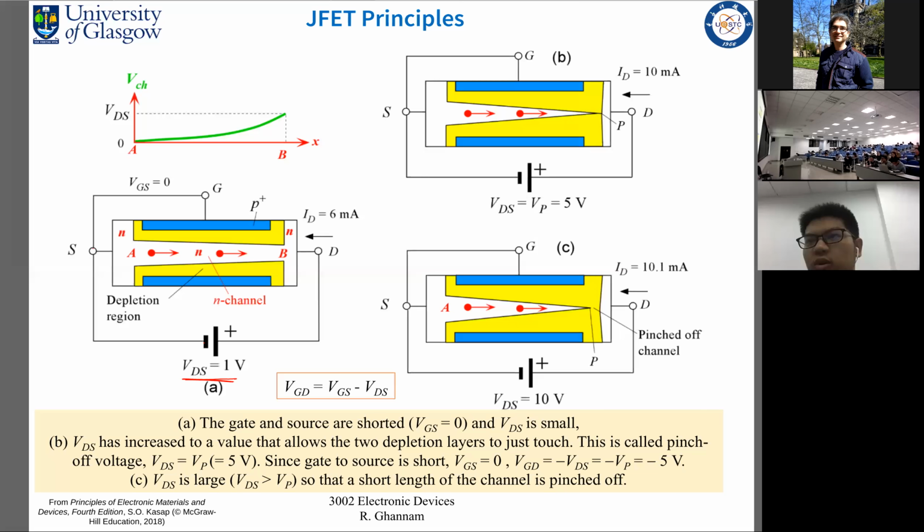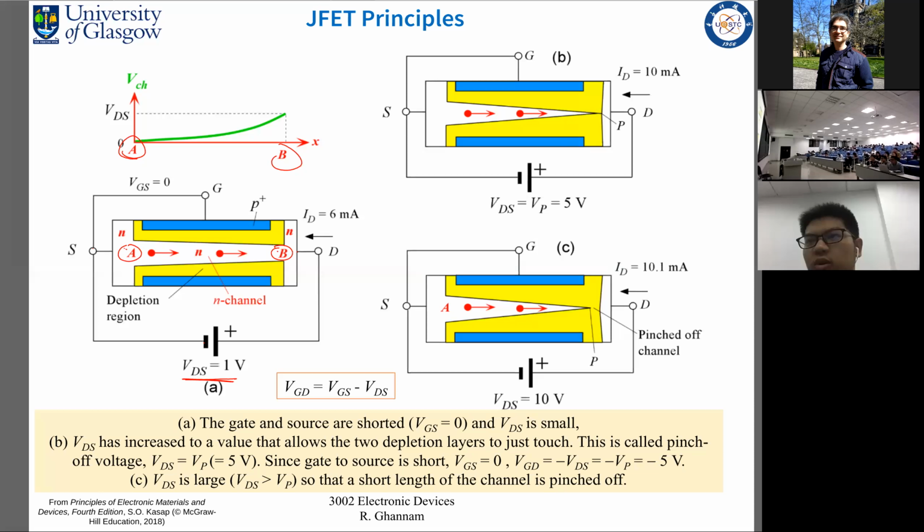If we look at the potential difference between these two points, point A and point B, because we have connected the positive terminal of our battery to the drain, the potential at B is going to be much larger than the potential at A. In fact, the voltage at A is going to be very close to 0. The potential at B is going to be VDS.